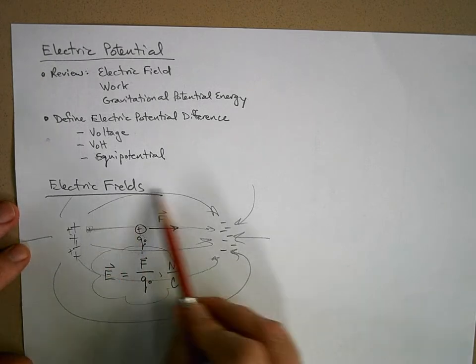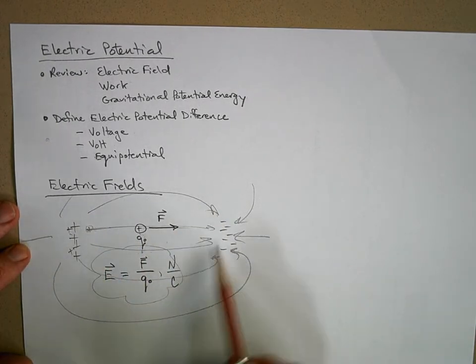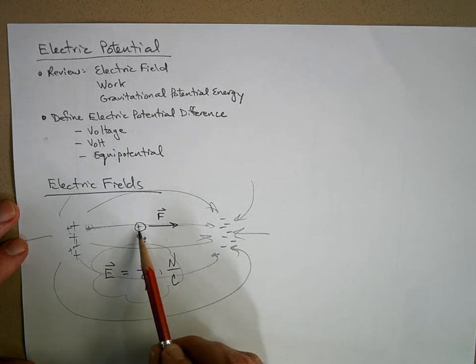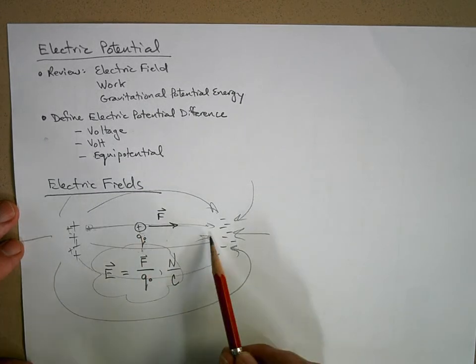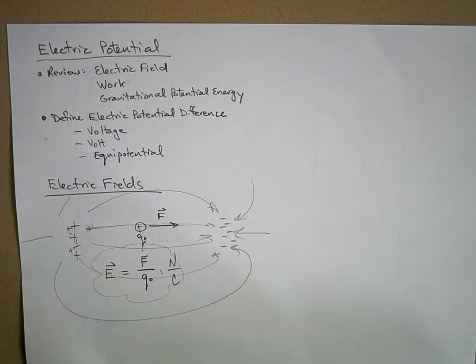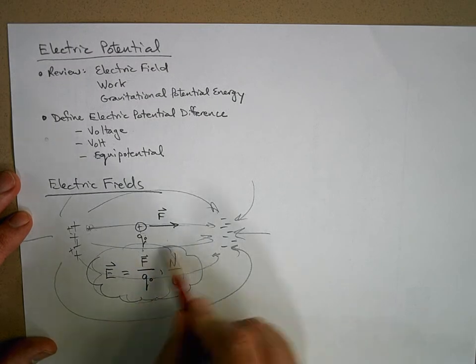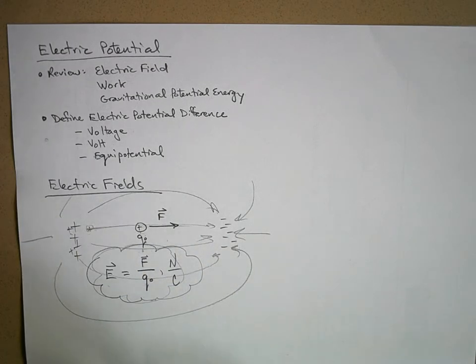And the direction of these arrows indicates the direction of the force that a positive test charge would feel. We define the direction of the electric field by what it does to a positive test charge. Okay, but in any case, this is really our definition for the electric field.